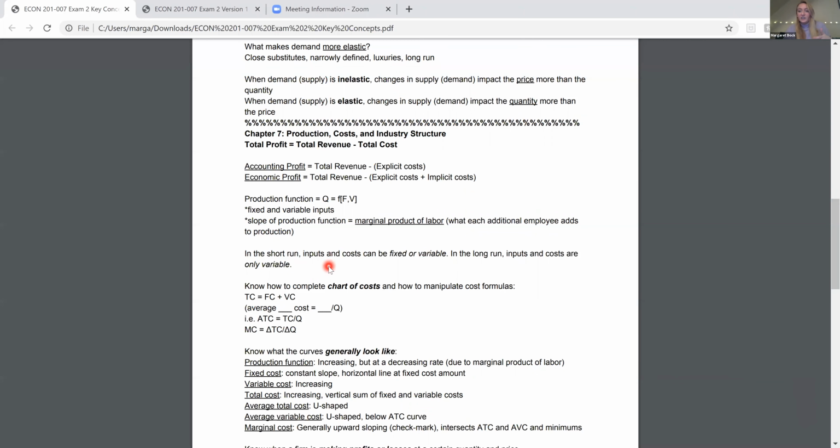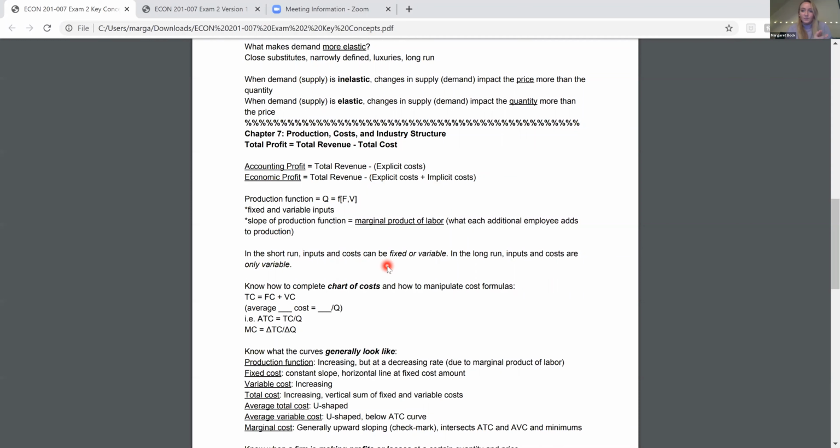So essentially, the rationale behind this is that in the short term, everything isn't up to the firm to change. So they can't really change the size of their factory in a short amount of time if they sign a 12-month lease. They can't really change the amount of equipment they have if it takes a long time to ship the equipment to them or whatever.